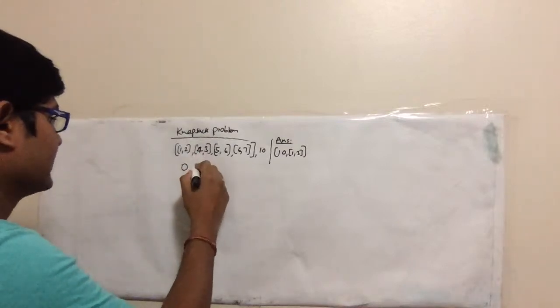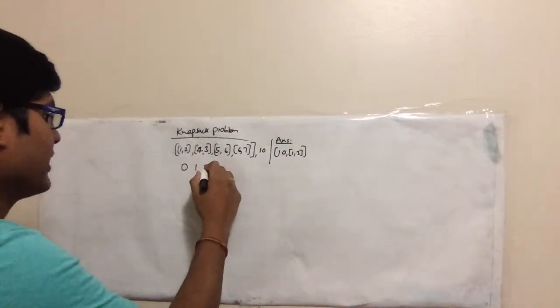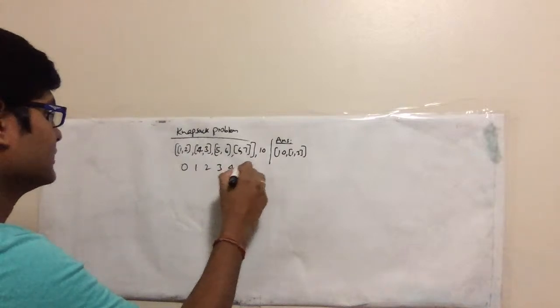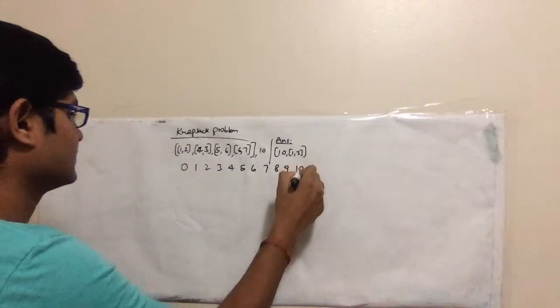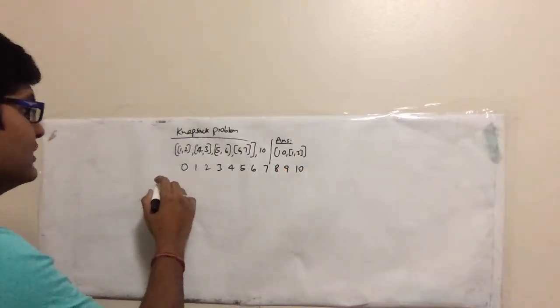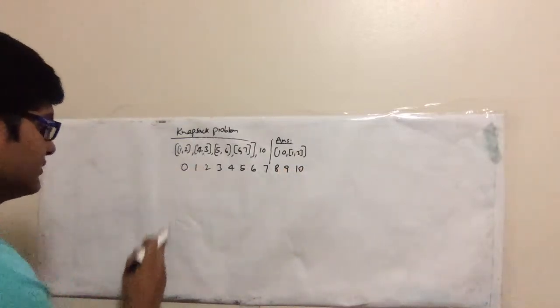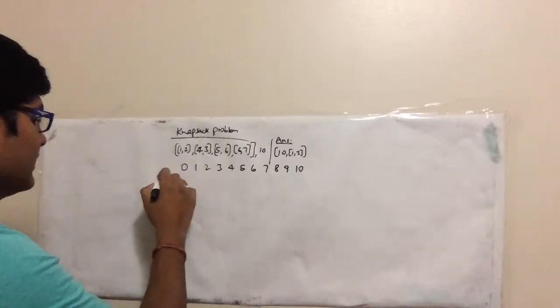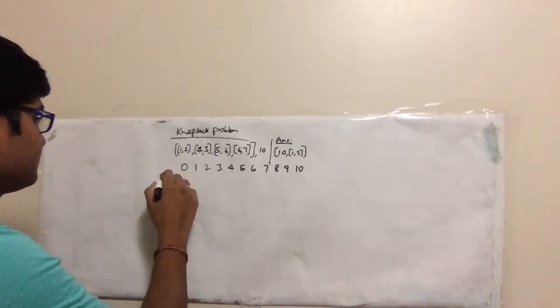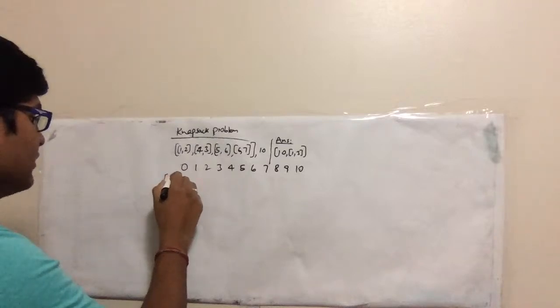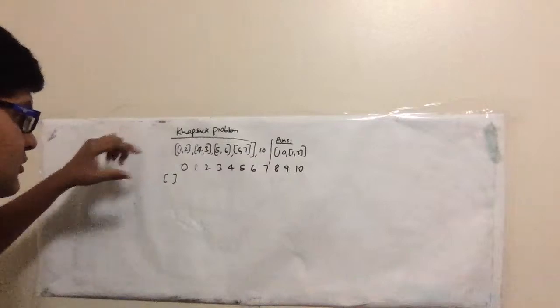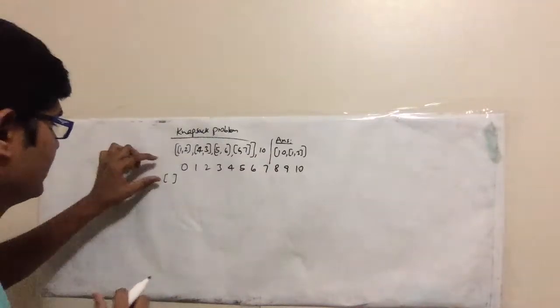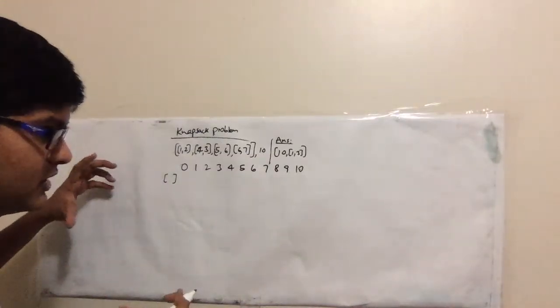Similarly, 1 kg of capacity of a bag, and 2 kgs, 3 kgs, 4 kgs, 5, 6, 7, 8, 9, 10. And similarly on the right side, here I am taking the items. So I am taking an empty item as a base case.